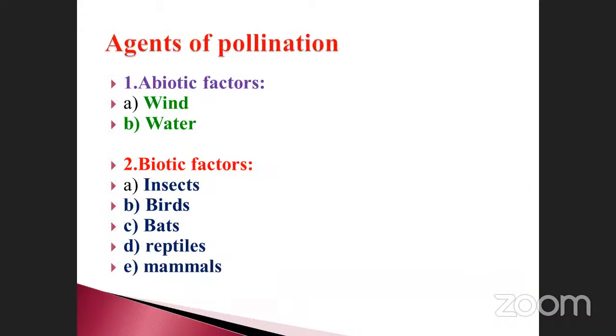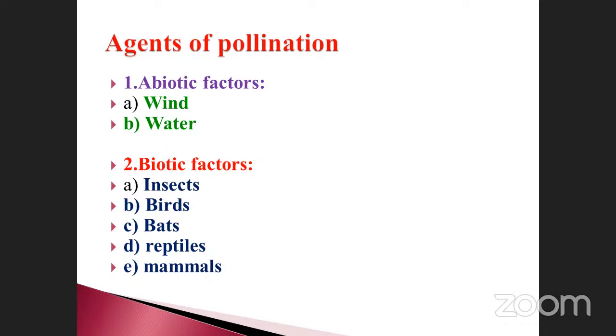So the next one: what are the agents of pollination? Suppose the male gamete and the female gamete fuse together with the help of a mediator. Already we discussed this. According to the factors, two have been reported. One is called the abiotic factor, another is called the biotic factor.